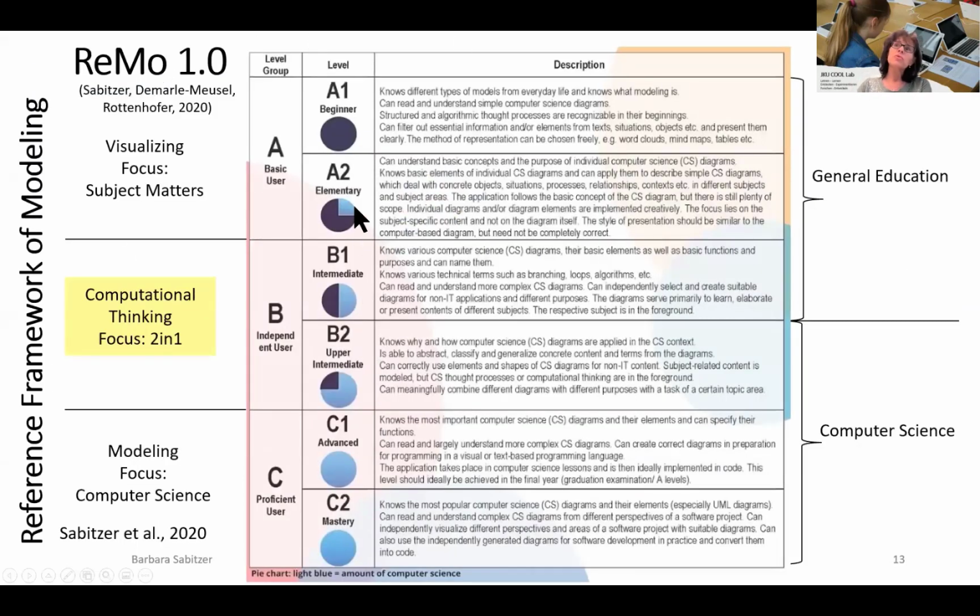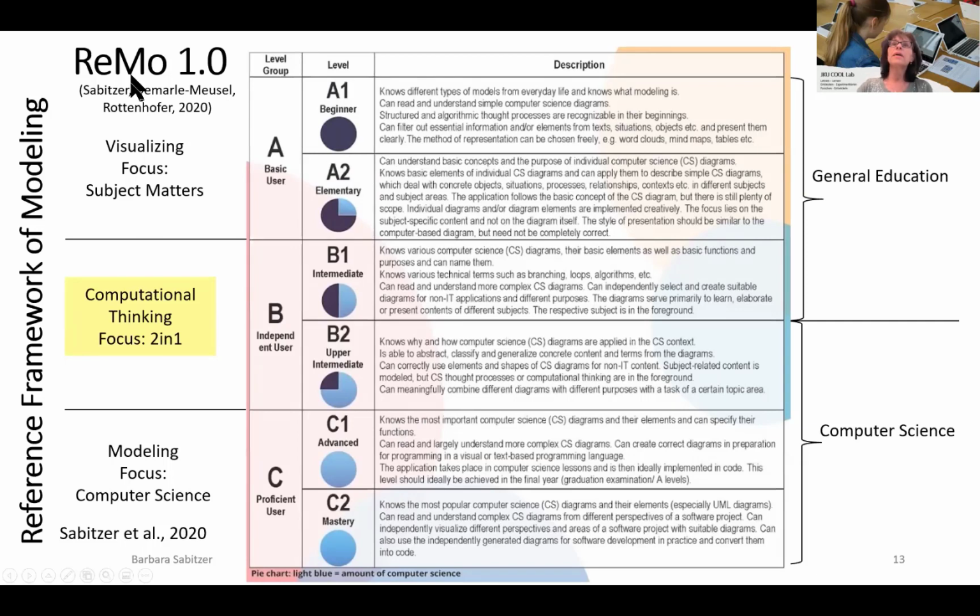In order to have something to check which competencies the students and teachers should acquire when they use modeling, we developed a reference framework for modeling. It is based on the Common European Framework for Language Learning.